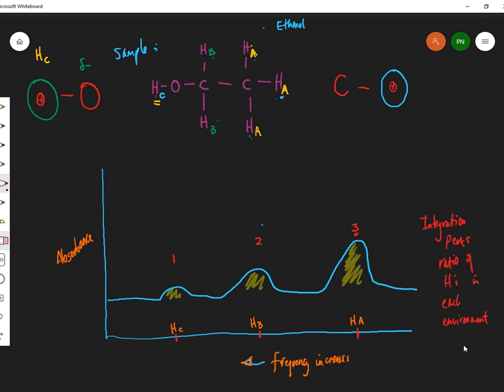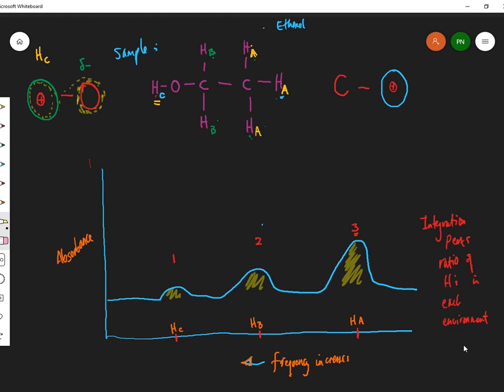Now let's draw the electrons. What color should I draw my electrons? Let's do them this funny color. See those electrons there? Now these electrons are going to be pulled away from the proton. The hydrogen electrons are going to be pulled away to the oxygen.